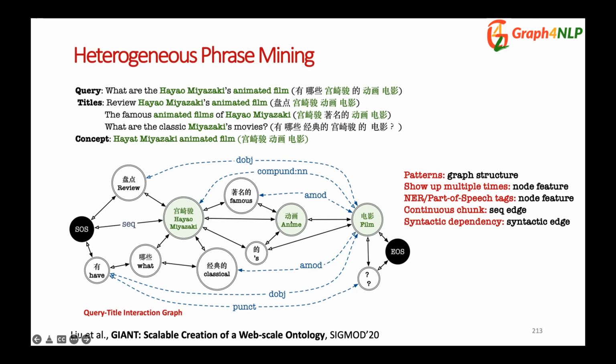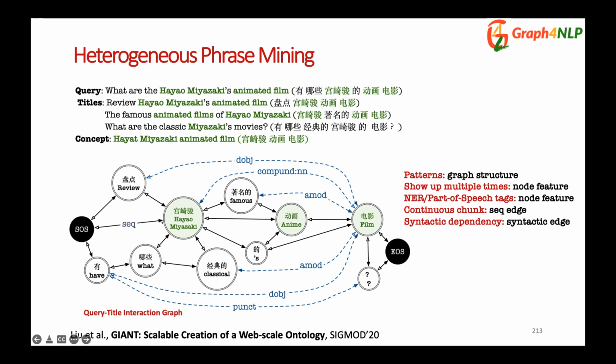And we have different edges representing whether two words are adjacent to each other or whether they have a dependency relationship between them. Then we also have the virtual start of sentence and end of sentence nodes for different short texts. So in this way, we have such a graph representation.